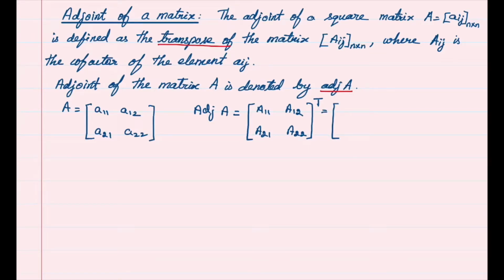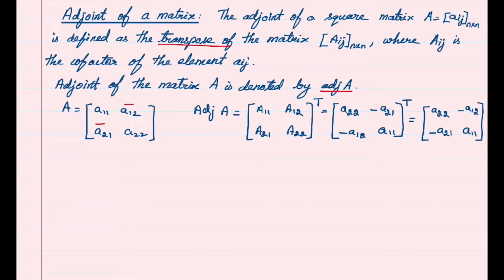Cofactor of a11 element is a22 and cofactor of a12 element is minus a21, because these two positions will get negative signs. And then cofactor of a21 is minus a12 and cofactor of a22 is a11, and transpose of this matrix, which is a22, minus a21, minus a12, a11.